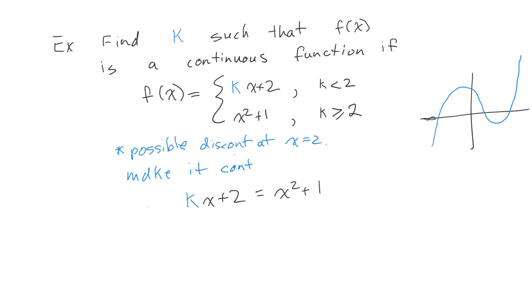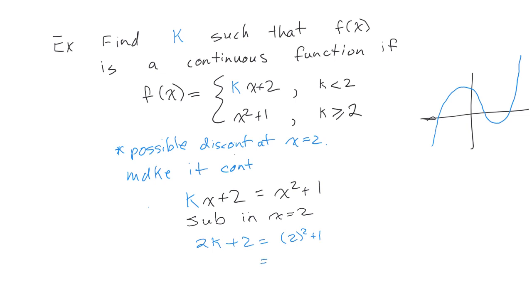Then we sub in x is equal to 2, where we could have our discontinuity. So we have 2k plus 2 is equal to 2 squared plus 1.